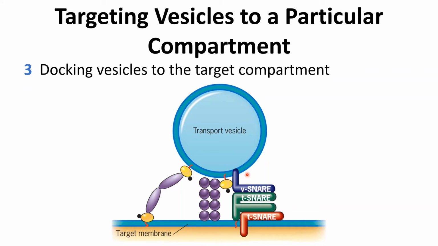After the tethering, there's the docking. We have the V-SNAREs from the vesicle, that's why it's called the V-SNARE, and the T-SNARE from the target membrane. They are going to stick together for docking.